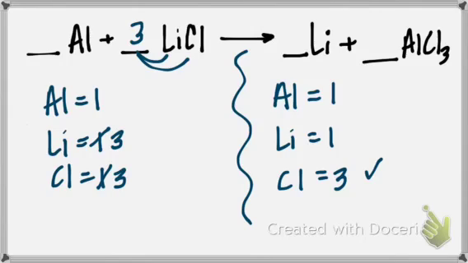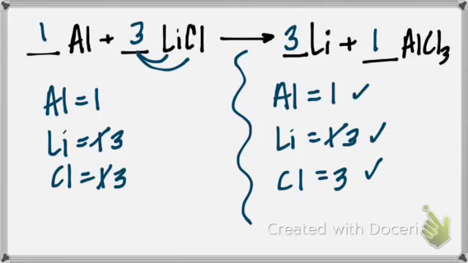So on the product side, I can put a 3 out in front of lithium. It changes my lithium to 3. Now my lithiums match and my aluminums match. I'm good. Remember, I can leave those blanks empty if you want, or you can put a 1 out in front. It's balanced with a 1, 3, 3, 1.